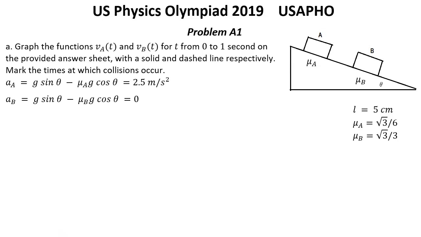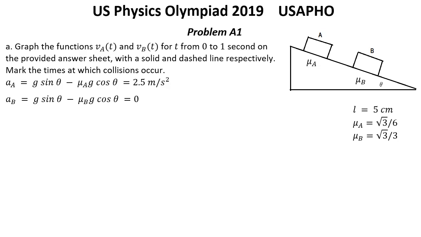That's equal to g sin θ minus μA g cos θ, which is equal to 2.5 meters per second squared. Similarly, for block B, we have acceleration equal g sin θ minus μB g cos θ, which is exactly 0.